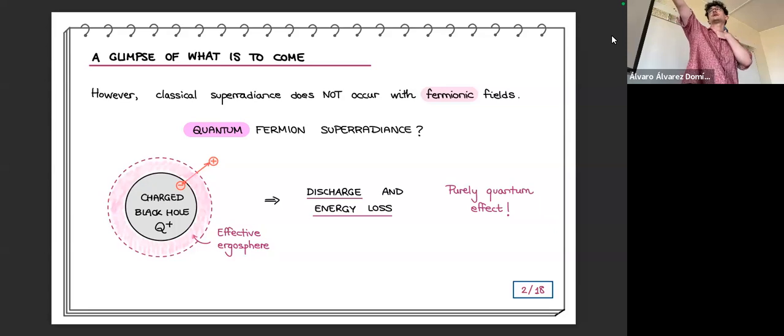For example, if the black hole is positively charged, there is going to be a negative inward flux that annihilates the charge of the positively charged black hole. This leads to the discharge and the energy loss. So this is the general idea.